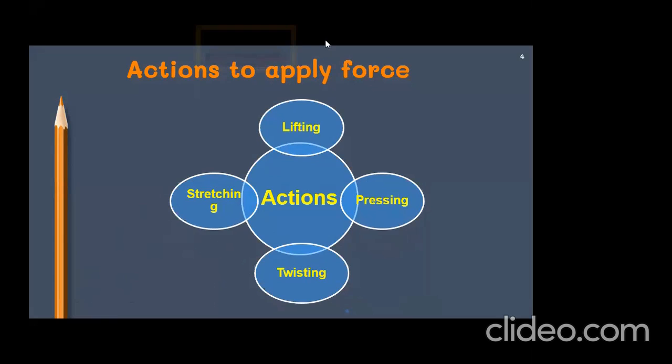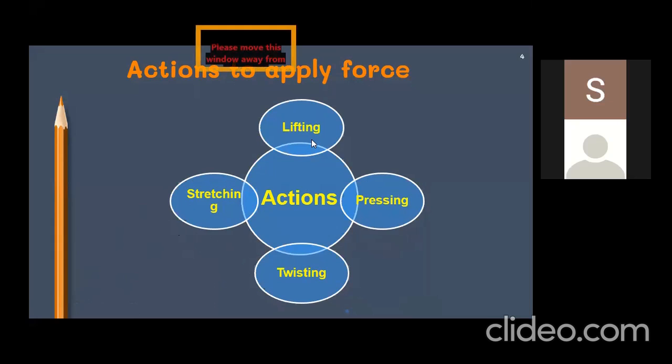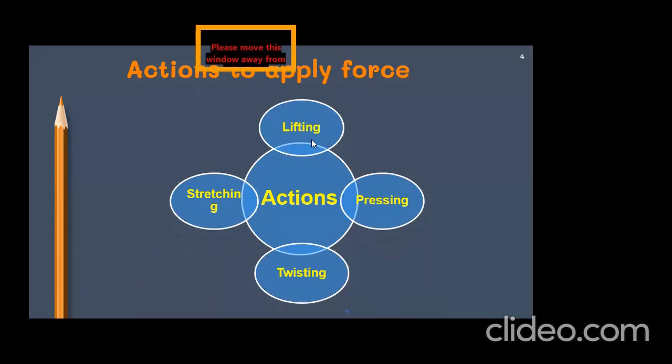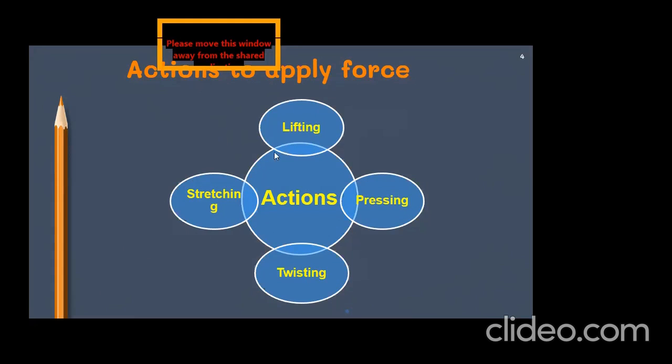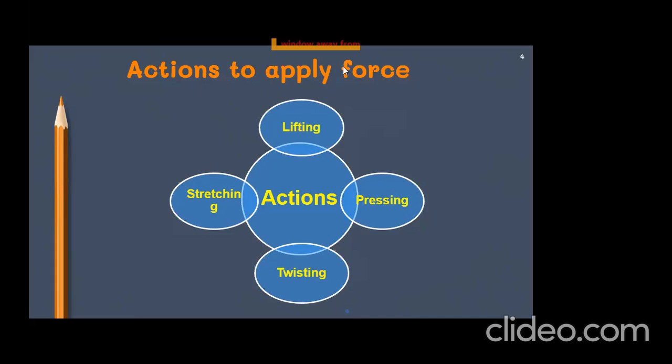Yes, Ayan, good. Write down the example of lifting. Yes, one example for lifting force and another example for pressing, twisting and stretching.